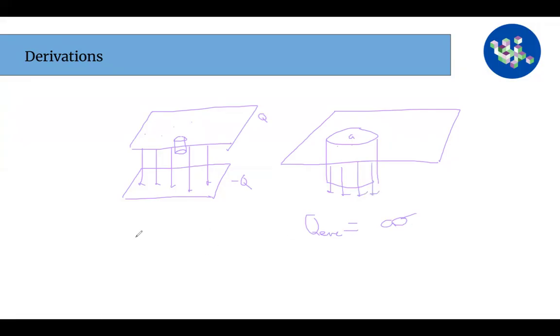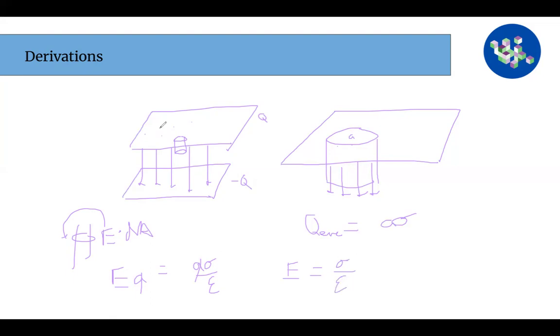Now from Gauss's law, if I do the integral of E dot dA, I know E is constant, so I pull the E out of the integral. E is also perpendicular to dA. So that means E times the integral of dA, which would be a, equals Q enclosed over epsilon zero, so a sigma over epsilon zero, which means that my E would be equal to sigma over epsilon zero.